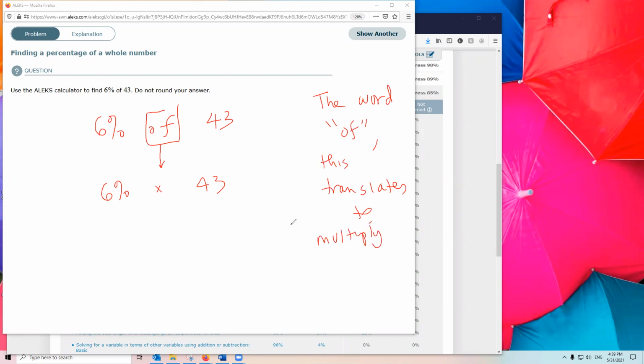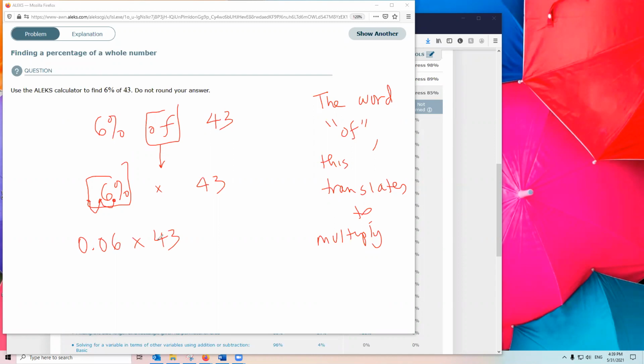All right, well, I can't work this out on my calculator because my calculator wants a decimal, not percentages. So I'm going to change 6% to a decimal. I'm going to grab the decimal point and move it 2 places to the left. That's going to be 0.06 times 43. Now I could just work this out.